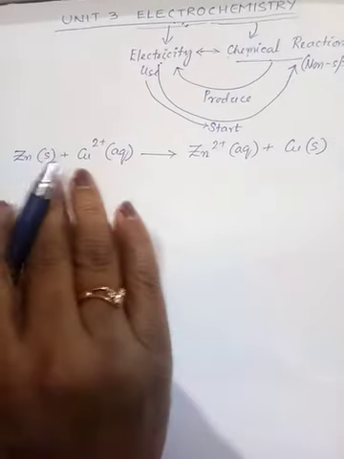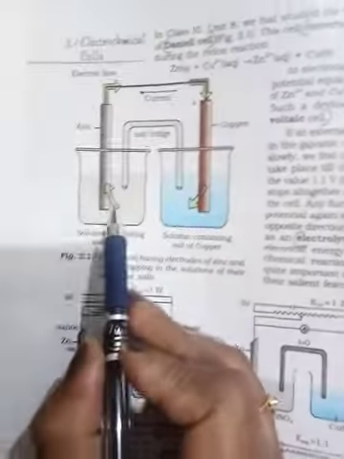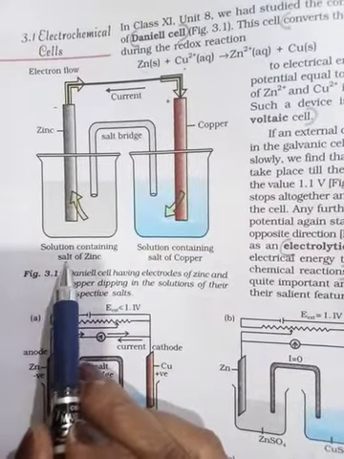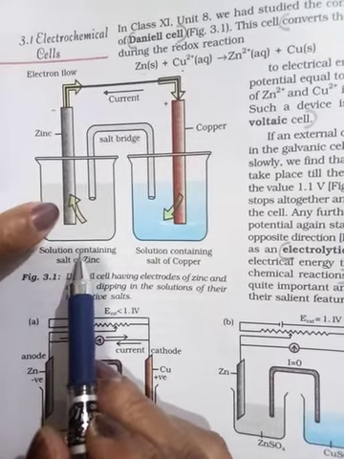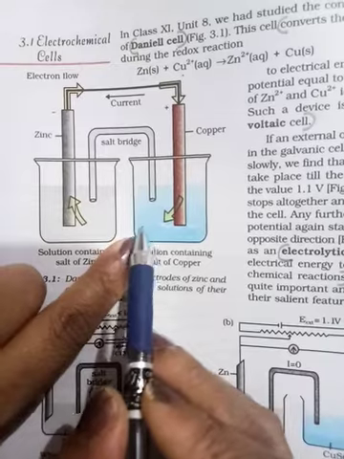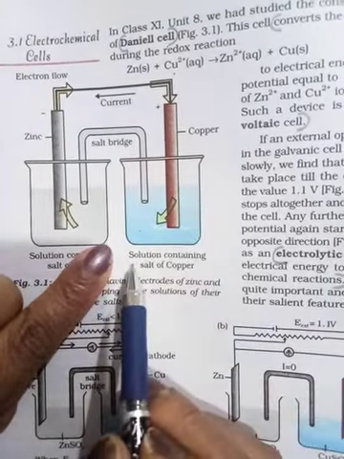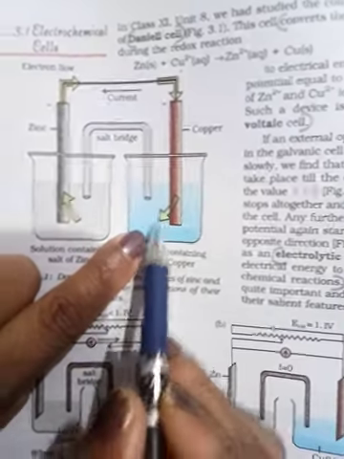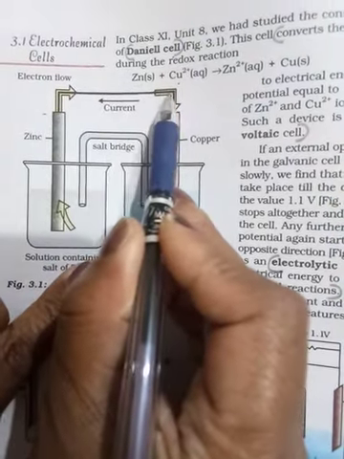For doing this reaction, you can see in the textbook there is a figure like this, where there is one container which has a solution containing a salt of zinc, maybe zinc sulfate, and a zinc rod is dipped in that zinc sulfate.